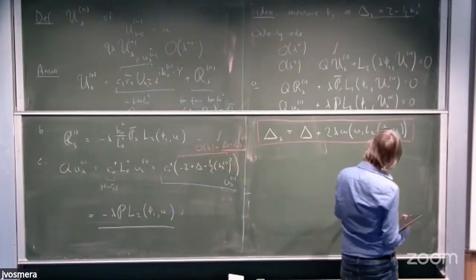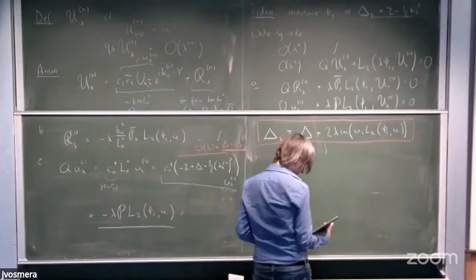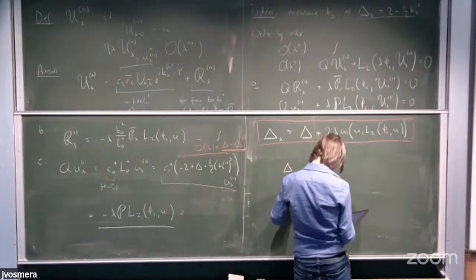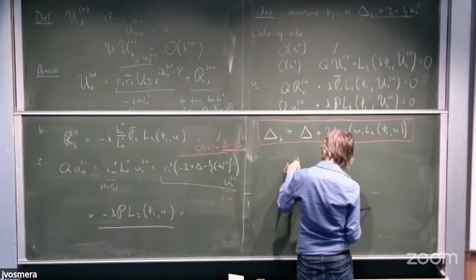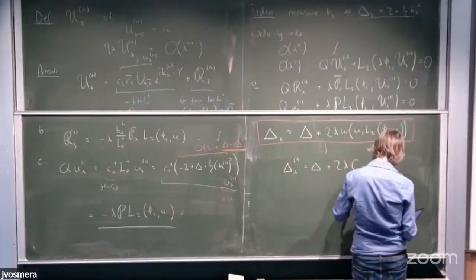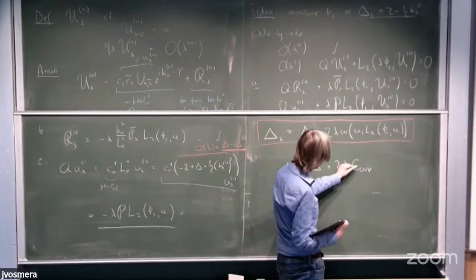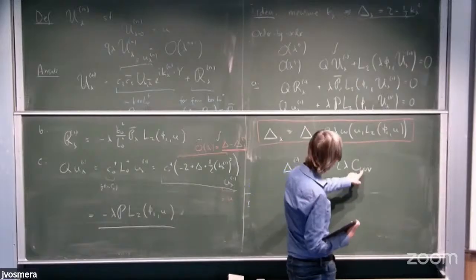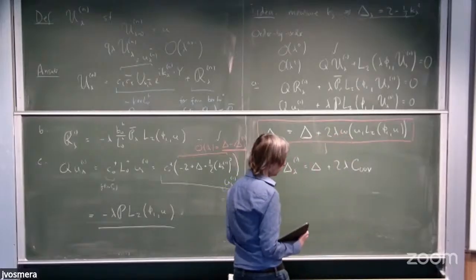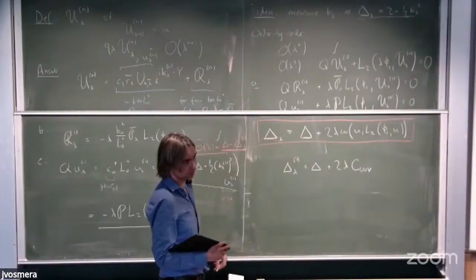So this can actually be translated just to computing a pure 3-point function, which, if everything is suitably normalized, gives us delta lambda 1 is equal to delta plus 2 lambda C_UUV. C_UUV is the 3-point structure constant corresponding to 2 insertions of this operator U and 1 insertion of this operator V, which triggers the marginal deformation.